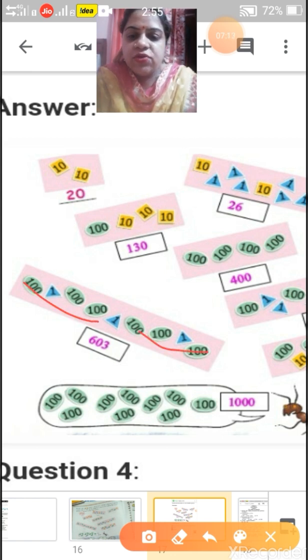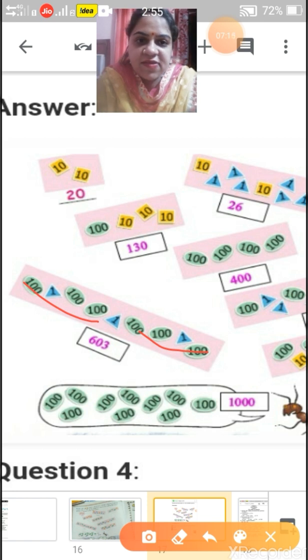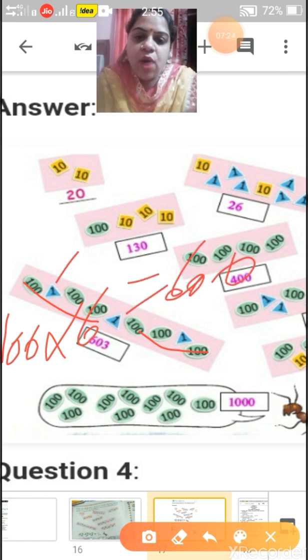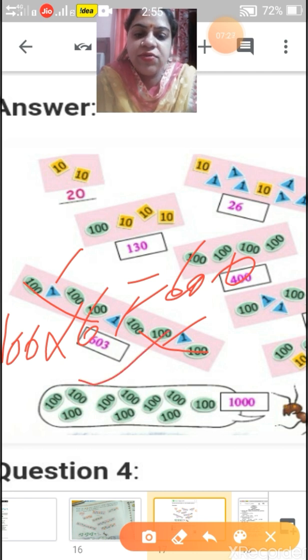So the total number of 100 is 6. So 100 into 6 is equal to 600 and 1, 2, 3. So it's 603.